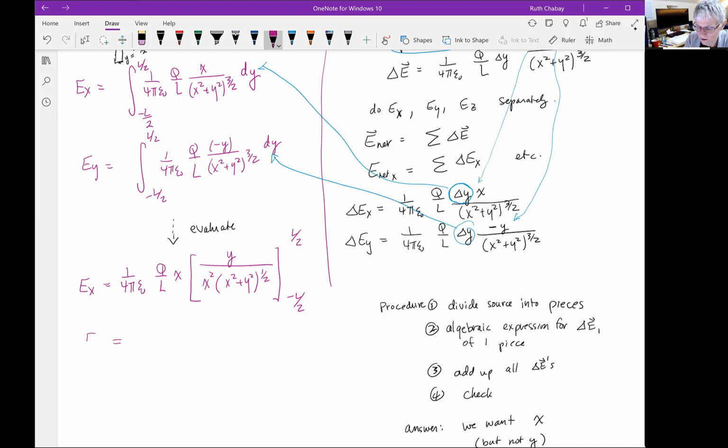And so what we end up with is E sub x equals 1 over 4 pi epsilon 0 q over x times 1 over x squared plus the quantity L over 2 squared to the 1/2, so the square root of that.